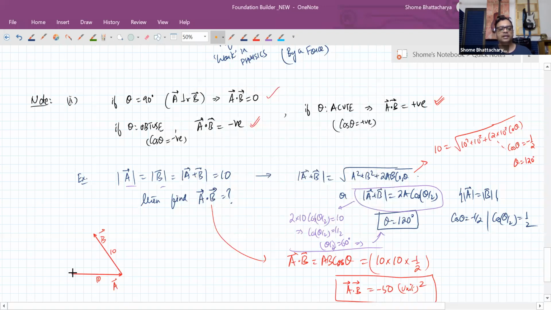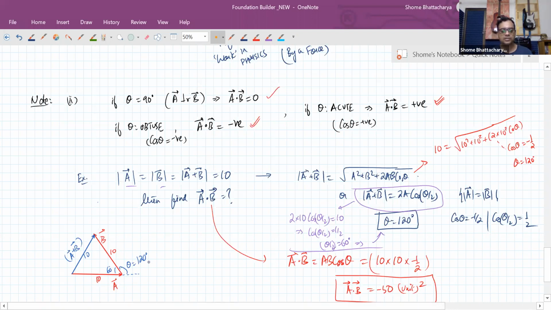So it's an equilateral triangle. So the exterior angle has to be 120. So if this is 60, that means the angle between A and B is 120 degrees. So that's another way. Three different methods I've shown you here.